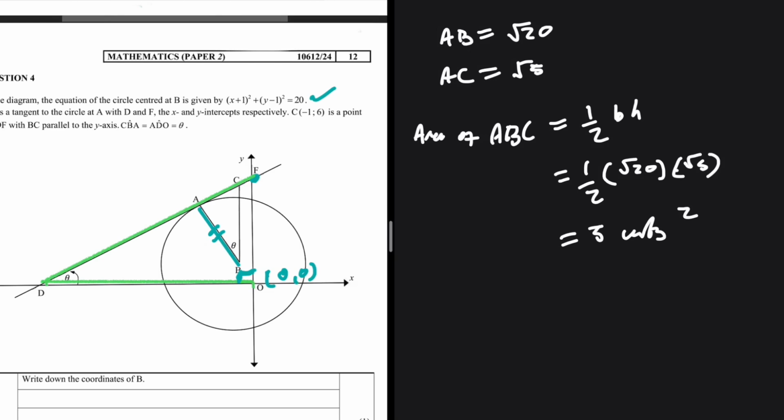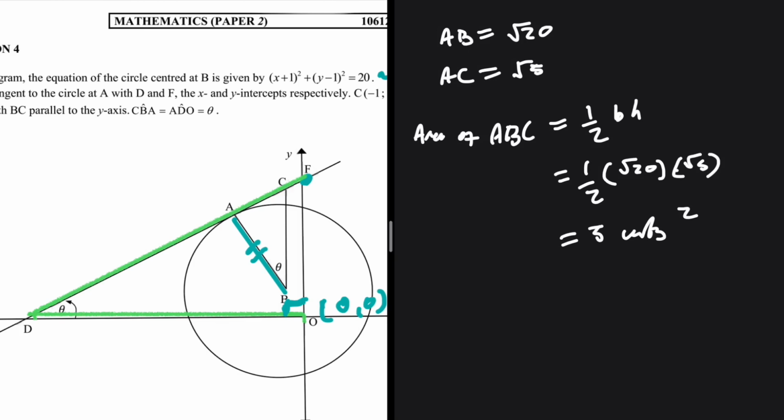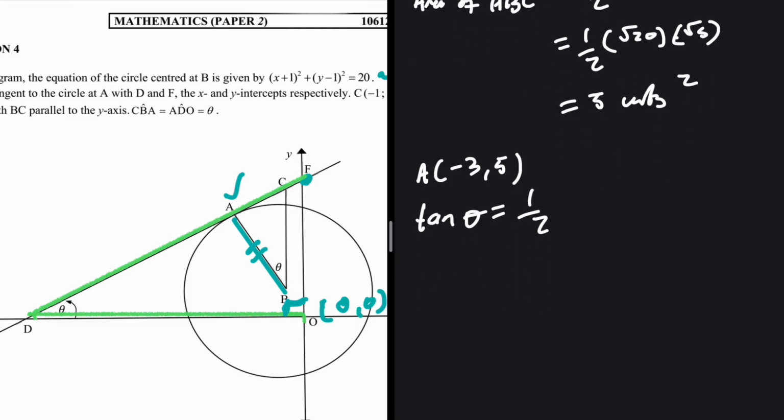Well, we have the equation of AB, right? The line AB. And we have the gradient of DF also. And then we have the coordinates of A at this point, because we know that A has coordinates -3 and 5. And we know that tan of theta is equal to 1/2. So this tells us that the equation of the line DF is y is equal to a half x plus c.